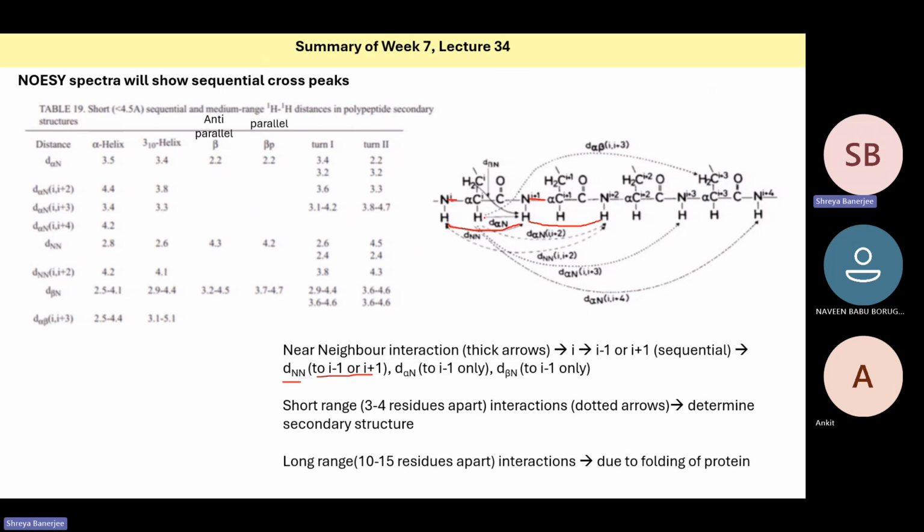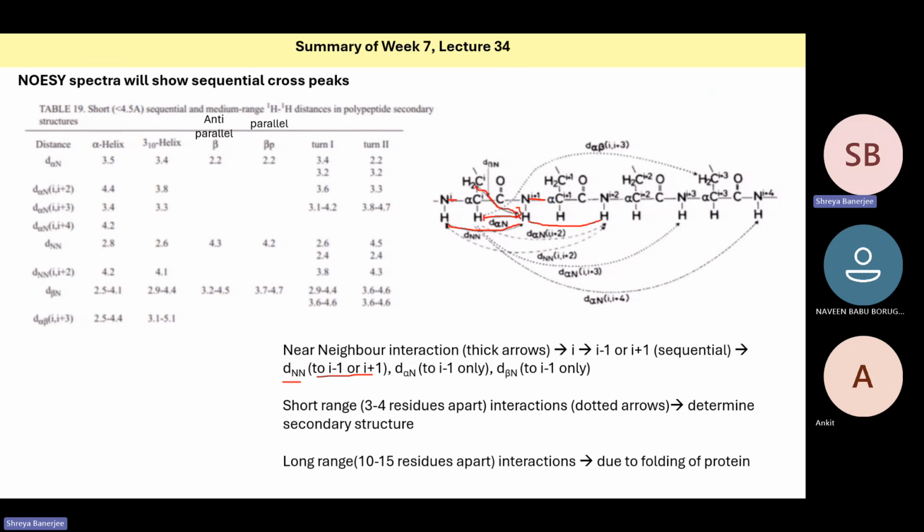Then another kind is the alpha N, which again happens between adjacent amino acid residues, so this is also a near neighbor interaction. Then you can also have beta N. This was alpha hydrogen to NH, so this is alpha N. Beta N is from beta hydrogen to NH.